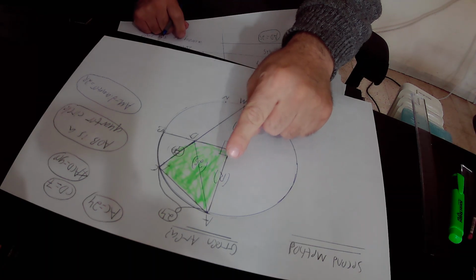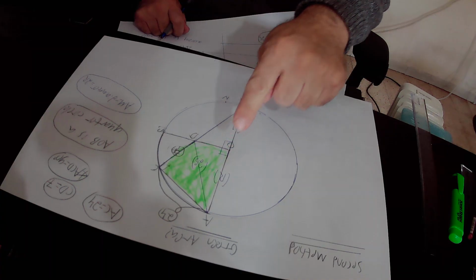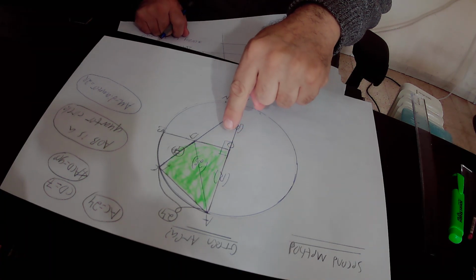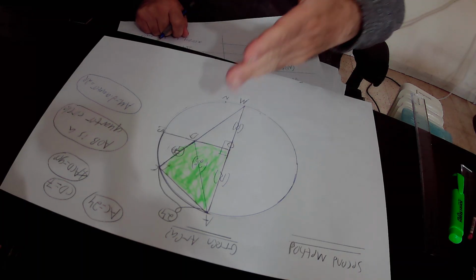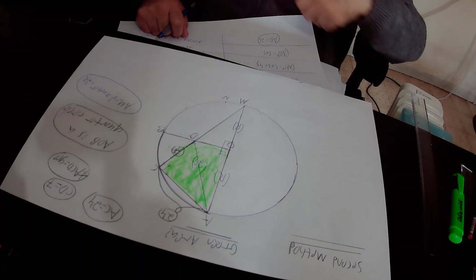Those two sides and the angle between the two sides in the green triangle are correspondingly congruent to those two sides and the angle between those two sides in the right triangle. Therefore, those two right triangles are congruent to each other according to the side angle side rule.